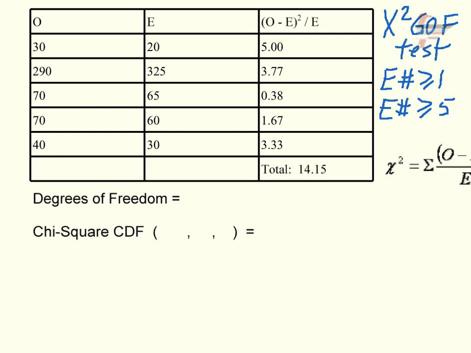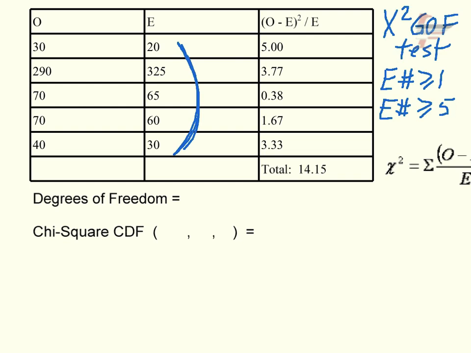We don't want any more than 20% being less than 5. We do notice that all of these numbers are greater than 1 and greater than 5, so we have met the conditions for carrying out the chi-square goodness of fit test.